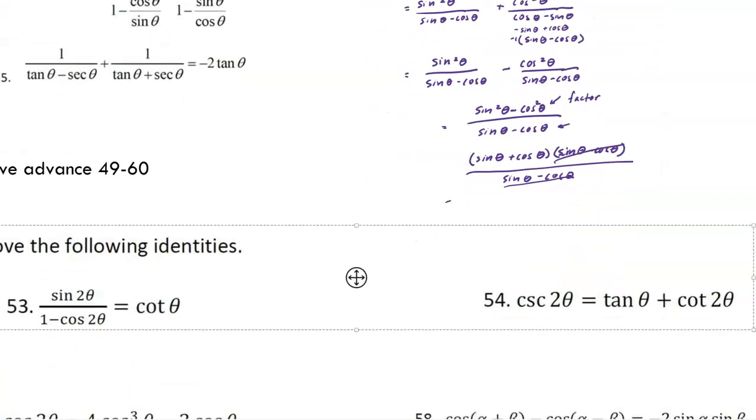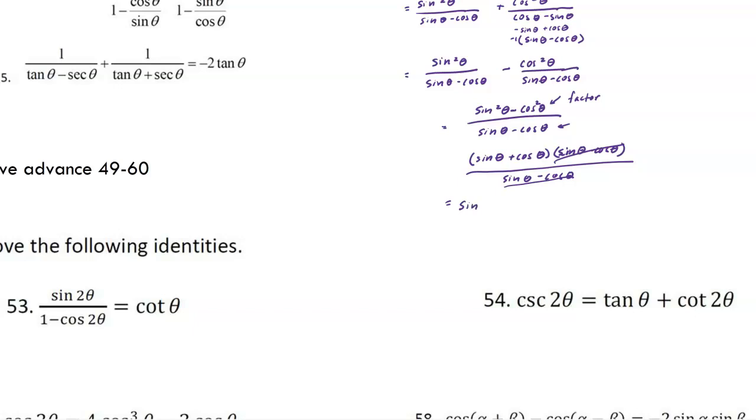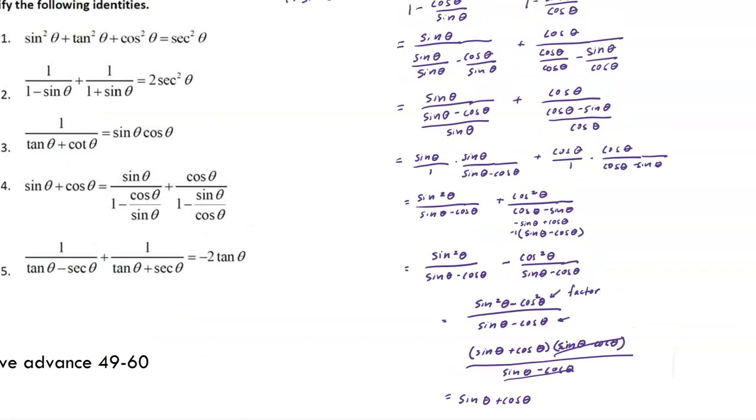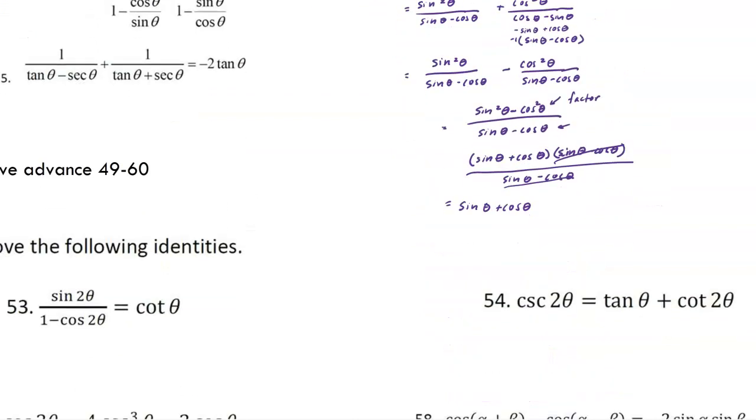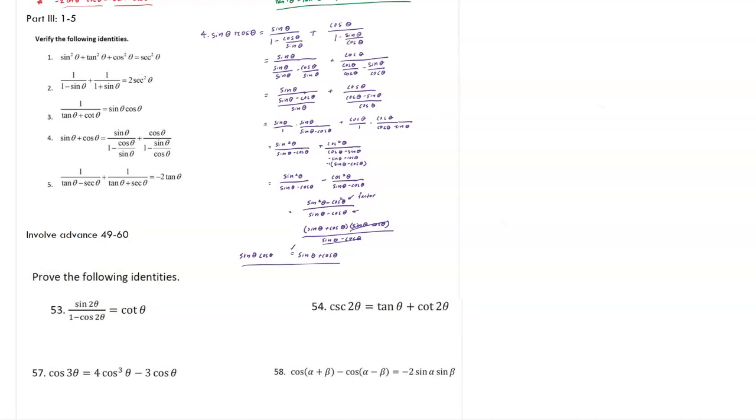So I end up with a sine of theta plus a cosine of theta. And that's exactly what the left-hand side says. Sine of theta times cosine of theta. So that's going to equal. Must include that step right there. Okay?